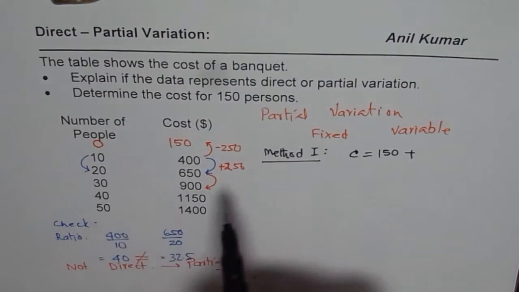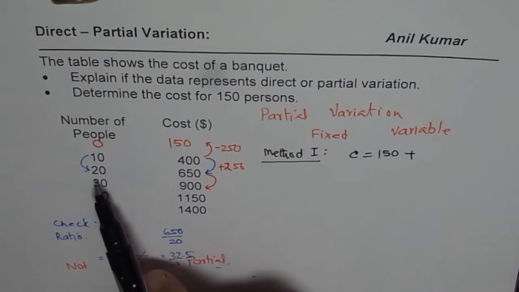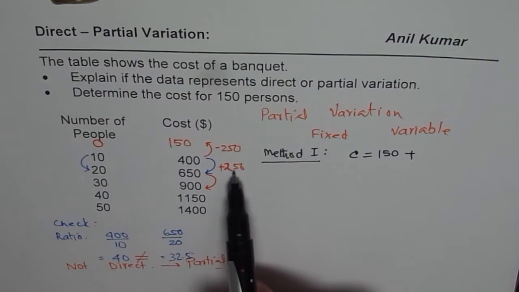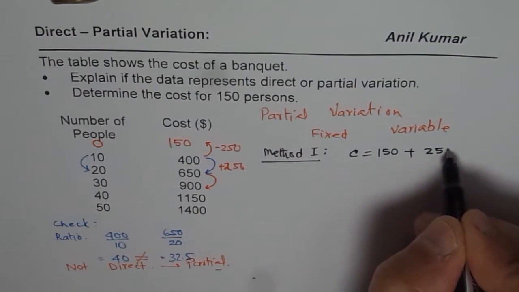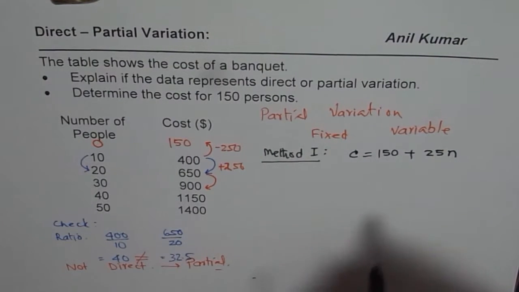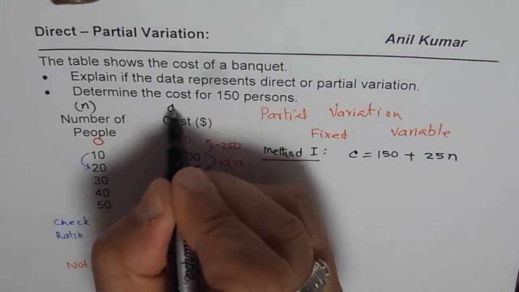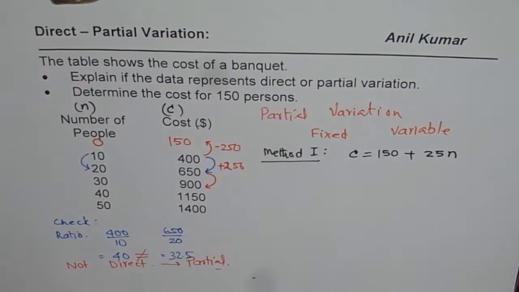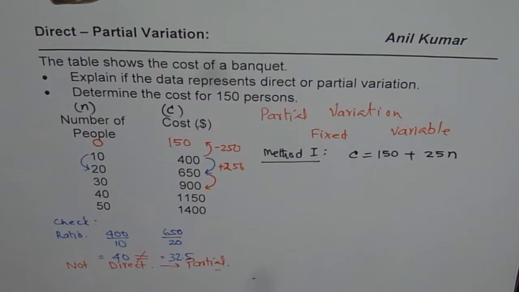For every 10 persons, it is increasing by 250, so for 1 person, it will increase by 250 divided by 10, which is 25. So it is 25 times n, where n is the number of people, and let c be the cost in dollars. These are my variables, and that is how I can relate them. So this is method number one.